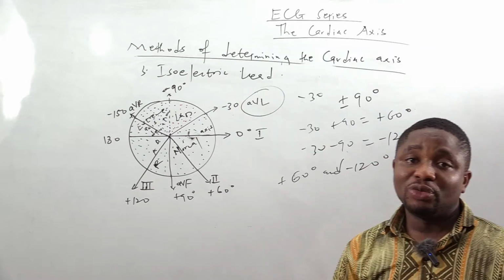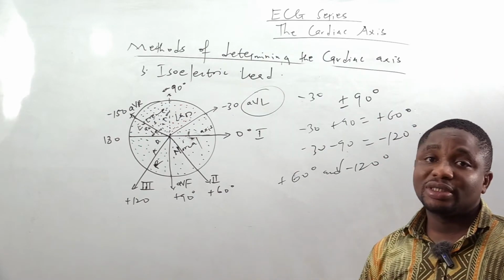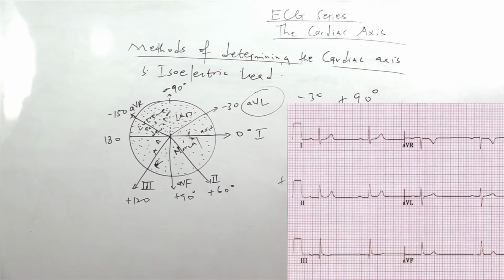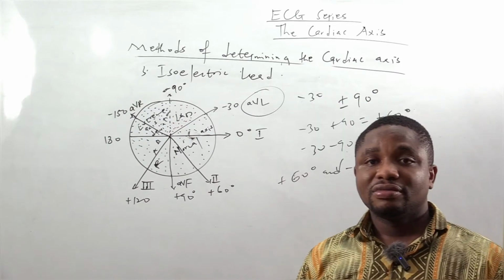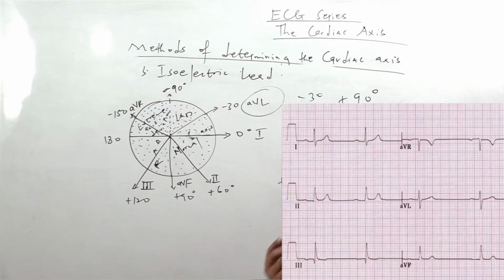And what's the direction of lead 1? You know that is 0 degrees. If you look at lead 2, the QRS complex is positive. What's the direction? It is plus 60 degrees. Then again, AVF, the QRS complex is positive. And what is its direction?